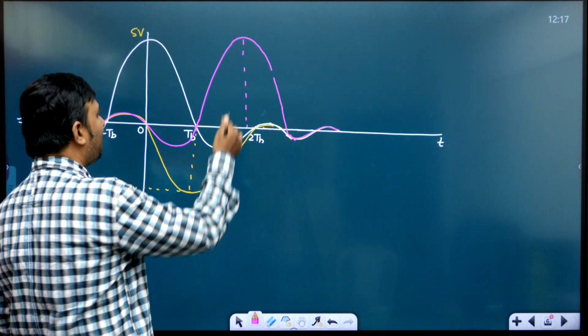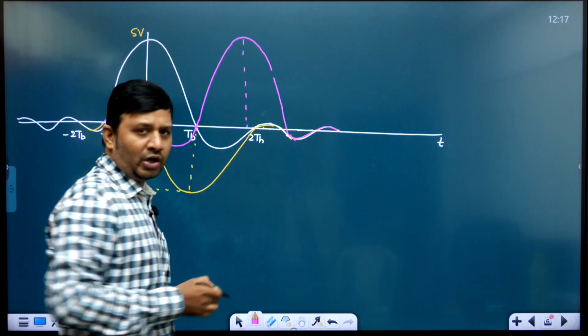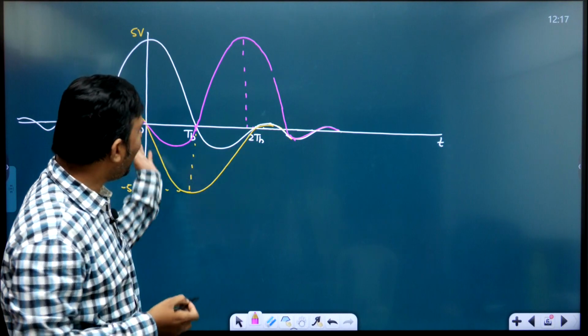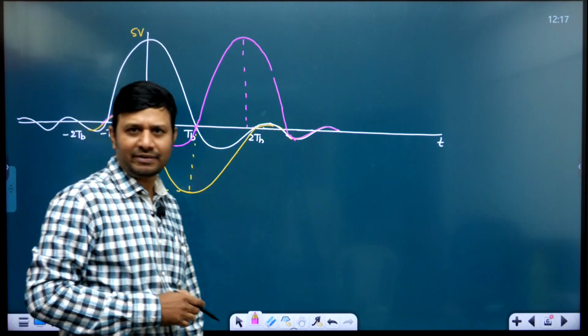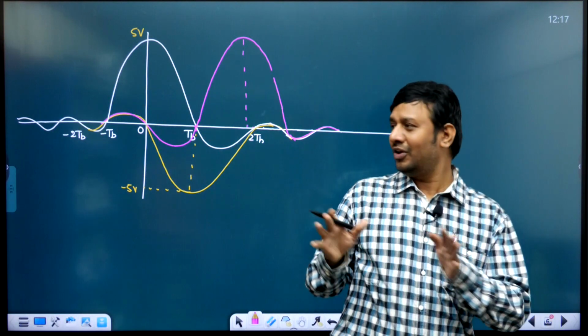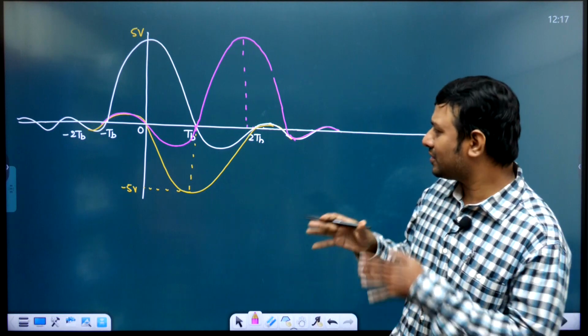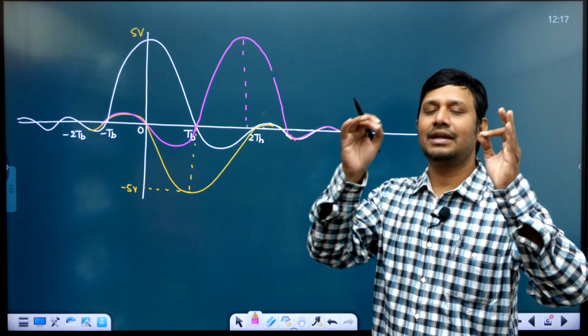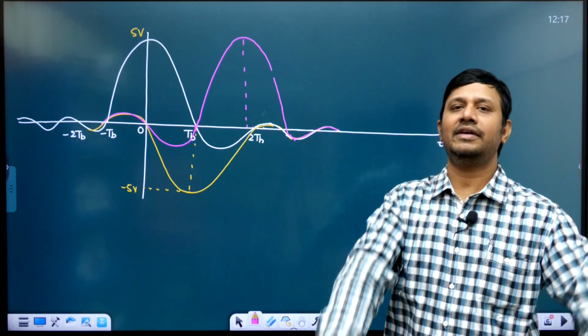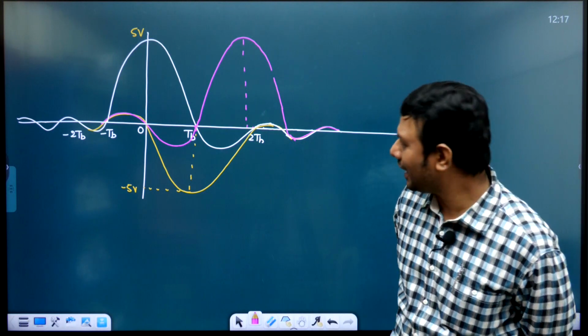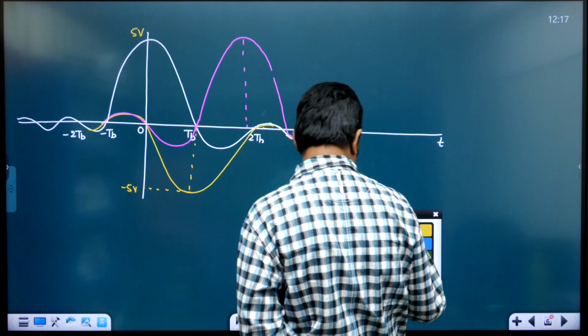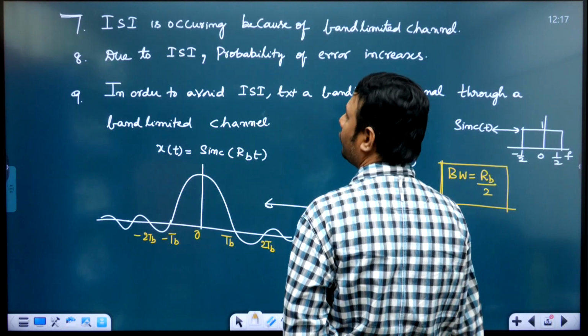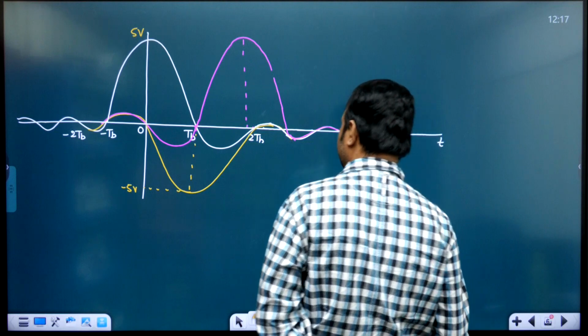No. If I am sampling at 2 TB, in order to take a decision, do I have any influence from the previous pulses? No. So at the instance where we are going to sample and take the decision, intersymbol interference is not there. Okay, so let me write that point, and this becomes your 10th point.